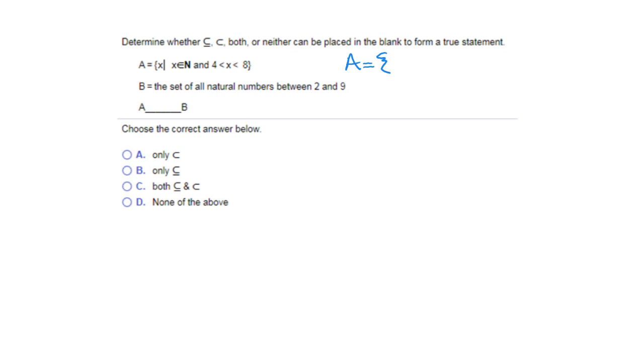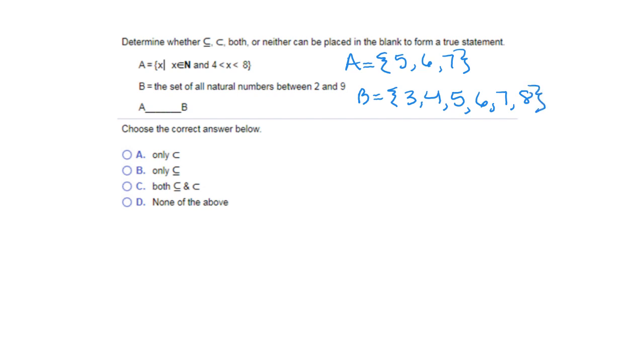We do not see the less than or equal to sign, so we cannot use 4 and 8. So I will list 5, 6, and 7. Set B is the set of natural numbers in between 2 and 9. In between means we cannot include 2 and 9. So this is 3, 4, 5, 6, 7, 8.